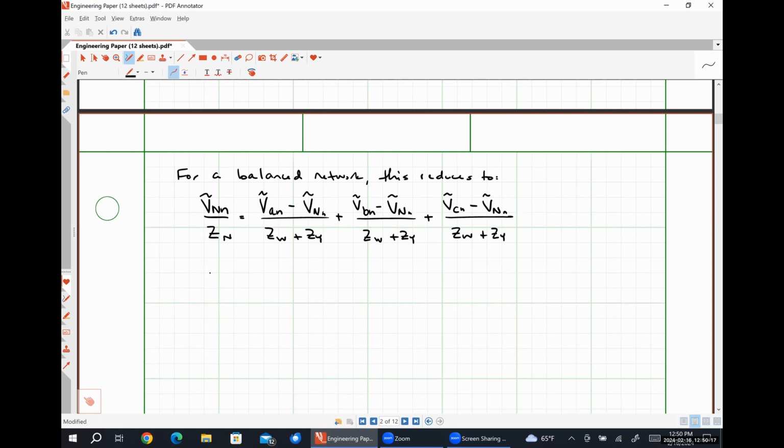So that's going to look like VNN times 1 over Zn plus 3 over ZW plus ZY is equal to VAN plus VBN plus VCN all over ZW plus ZY.